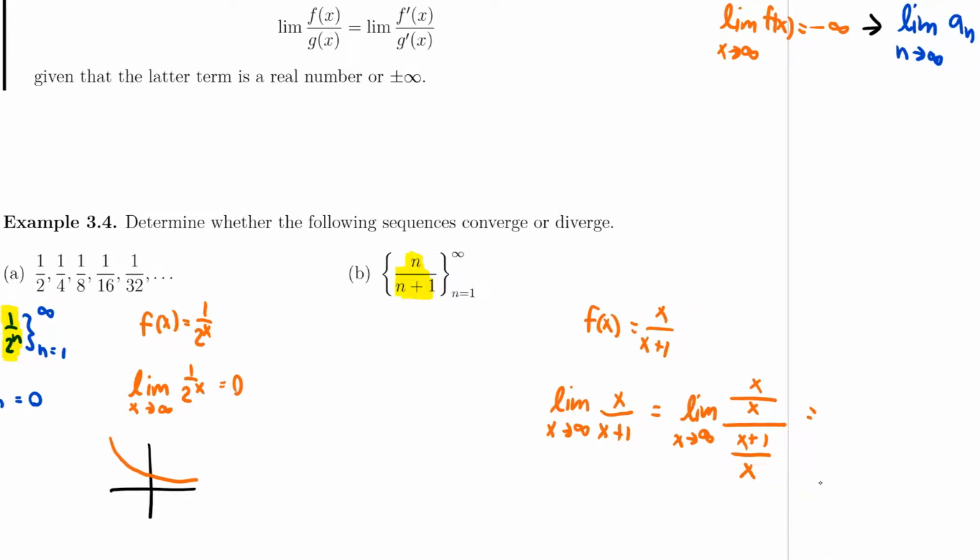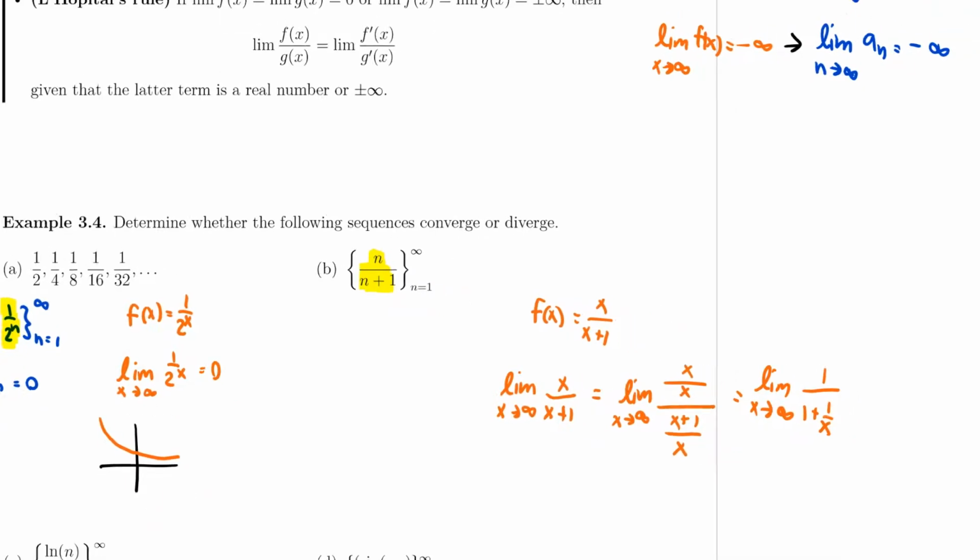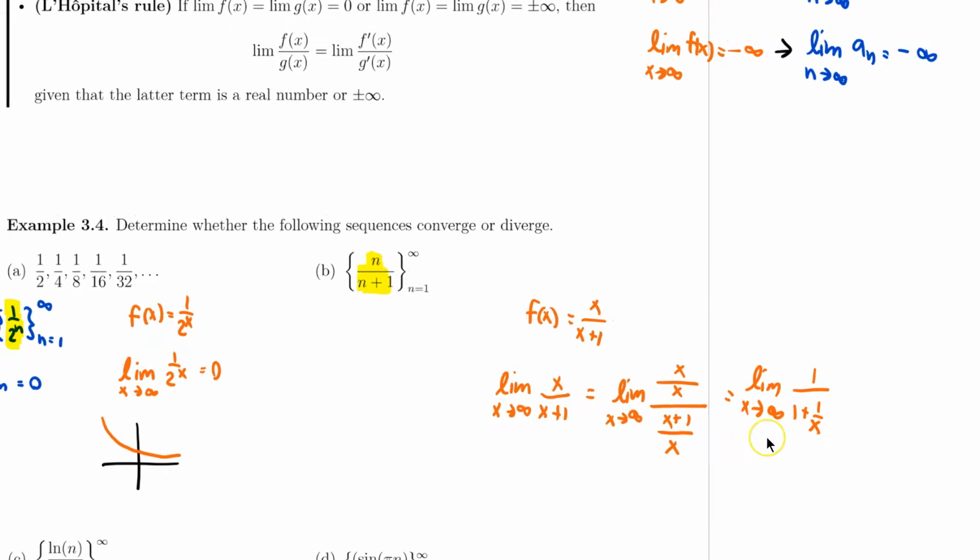Now if I simplify this, the numerator x over x is just going to be 1, and the denominator x plus 1 over x is just going to be 1 plus 1 over x.